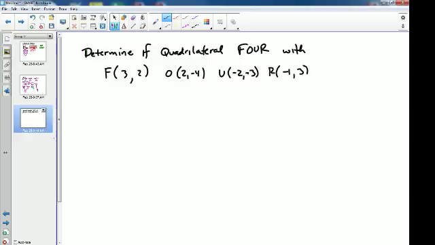Determine if quadrilateral FOUR with these points is a parallelogram. Whenever they say parallelogram, could it also be a rectangle, rhombus, or square? No, it's specific to that. So you're looking for yes or no, basically.